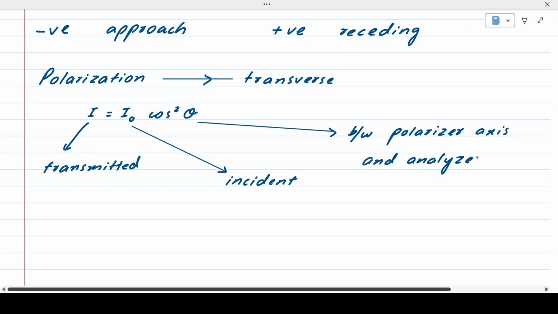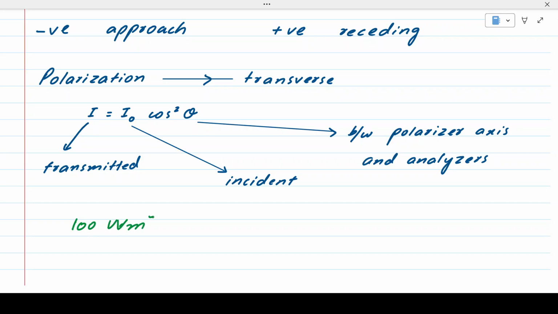So this formula is applicable only for polarized light. Once the light is polarized already, let's say the intensity was 100 watts per meter square. After you place the first polarizer, intensity will be reduced to half always.